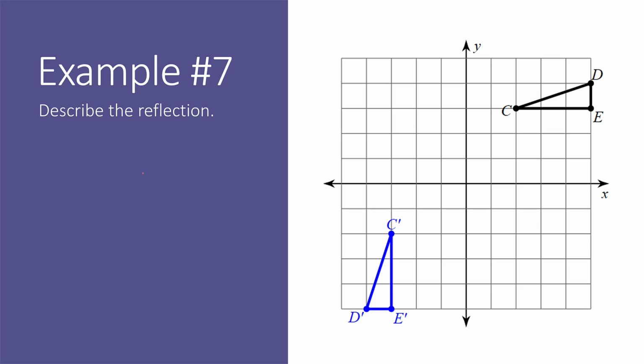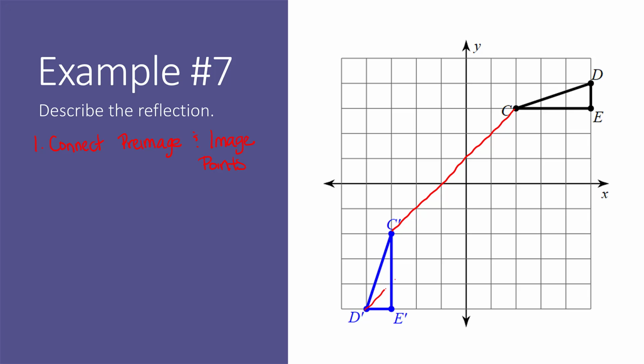Now, in this case here, we have a reflection already done, and we need to find the line that it's already reflected over. This has its own type of process. The first thing we're going to do is, 1, connect image and pre-image points. So what I mean by that is I'm going to take C and connect C with C prime.